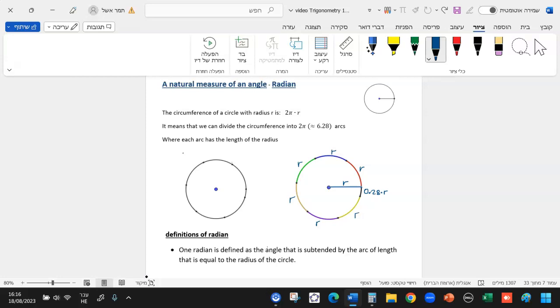The definition of radian is that 1 radian is defined as the angle that is subtended by the arc of length that is equal to the radius of the circle. So each of these angles has a measure of 1 radian.